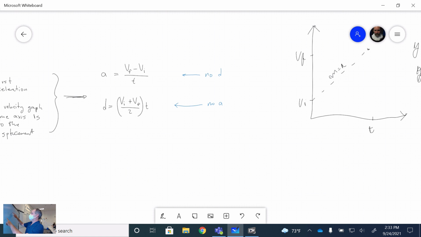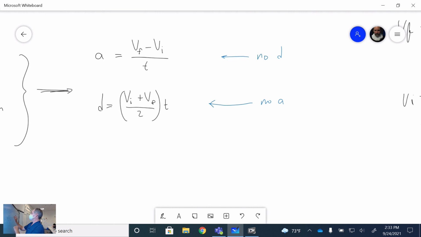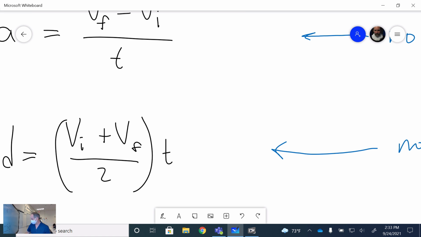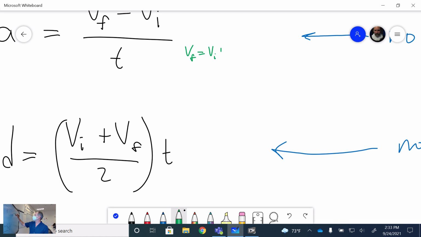So oh, hey, by the way, this is the same thing as V final equals V initial plus AT, right? This is just a part of that.